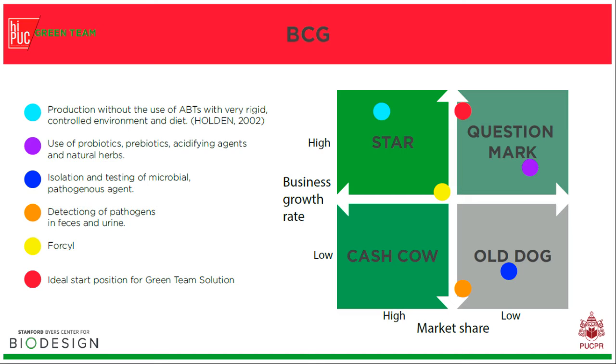We placed all of these where we thought that they exist, but the most important is the red circle, which is the ideal start position for our solution. We want to be something that has a really high opportunity of existing with a large growth rate, even though we're going to start pretty small.